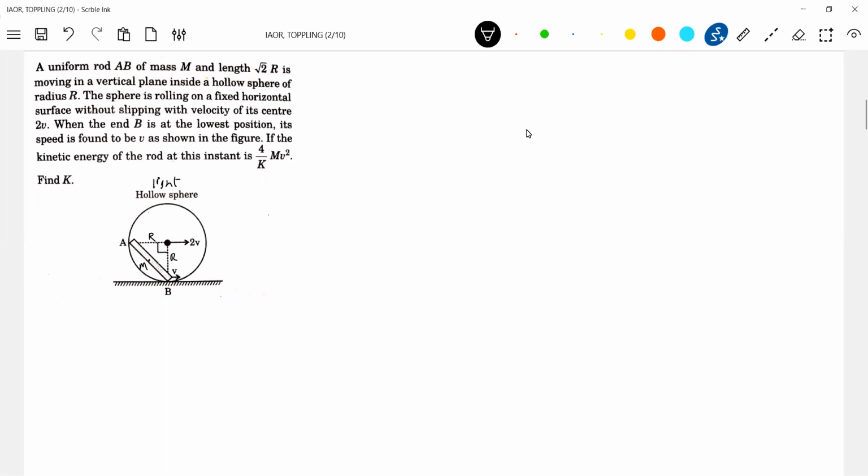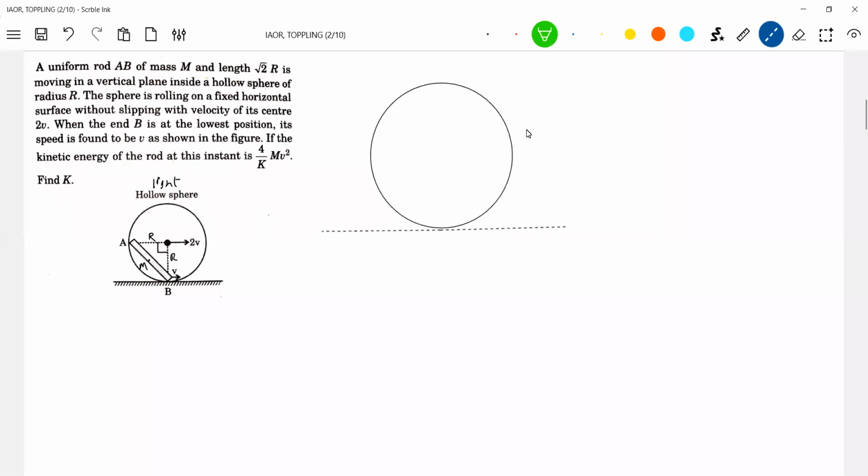Okay, now let me get into the question. So here we have a sphere. This is the center of the sphere, and this is a rod.